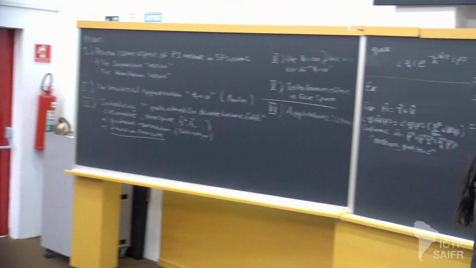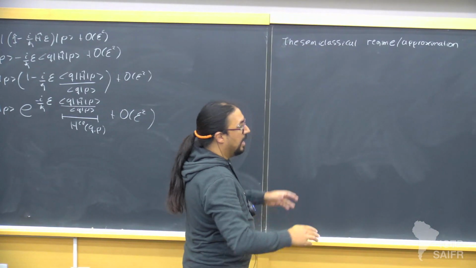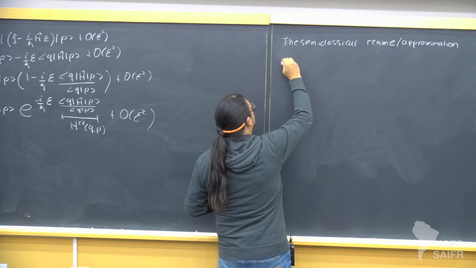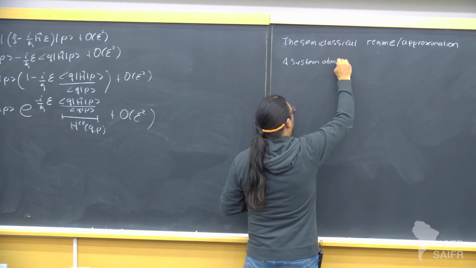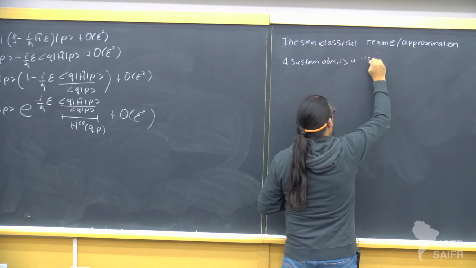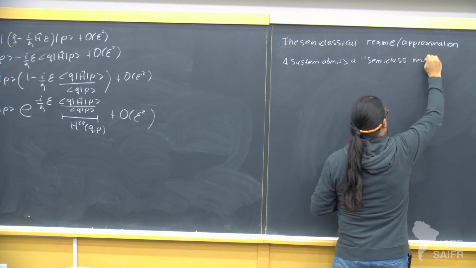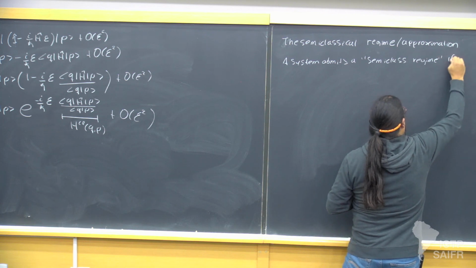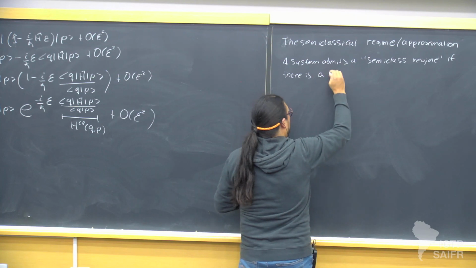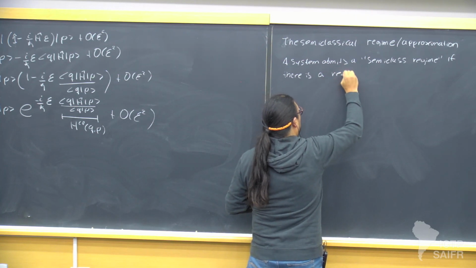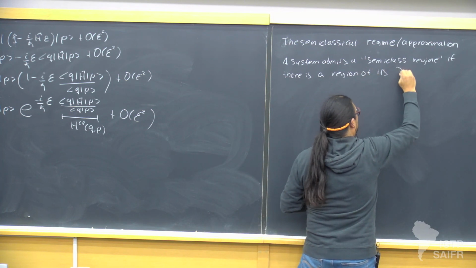So I would say that a system admits a semiclassical regime if there is a chunk, a piece, a region of its Hilbert space.